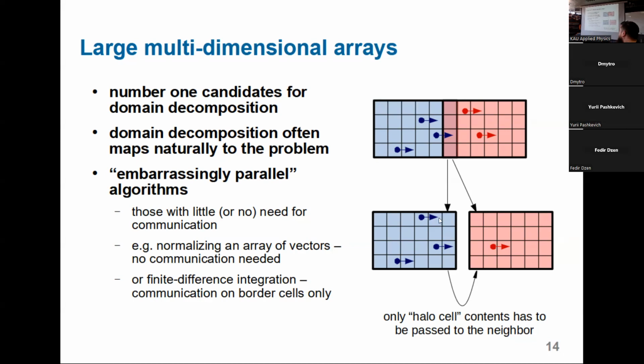This can of course also be two-way. It can be more than one line, for example. So in the end, I have a domain decomposition with overlapping regions.